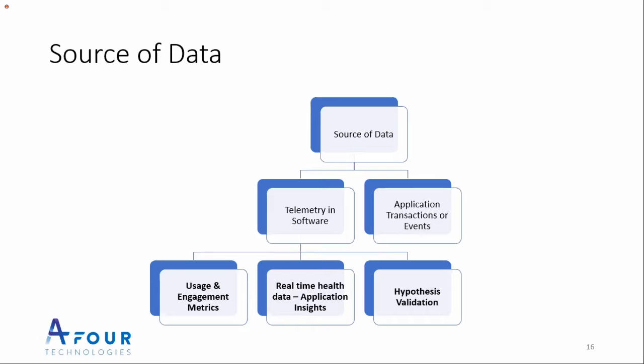Then we have this third part, hypothesis validation, wherein you are getting direct feedback from your users, and based on that data, you are deciding what to do next. For example, you could be dogfooding your application for some set of users and collecting the data.